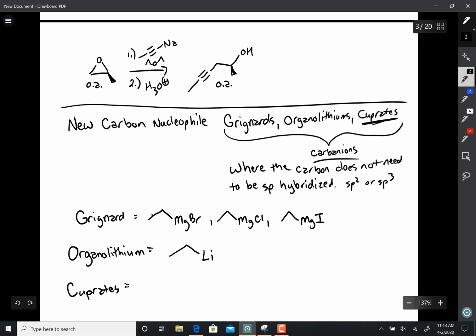But the cuprates that typically are used look something like this. But all of these, what they essentially are, are carbanions.